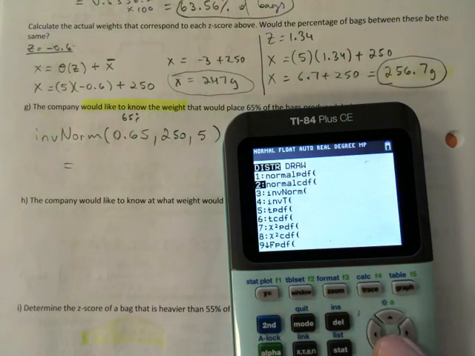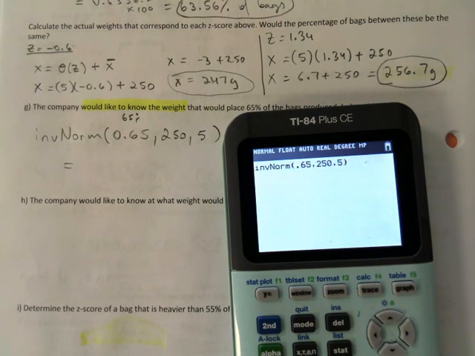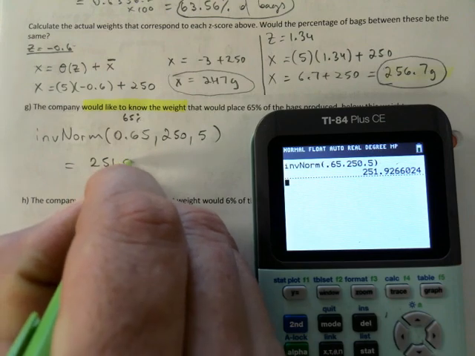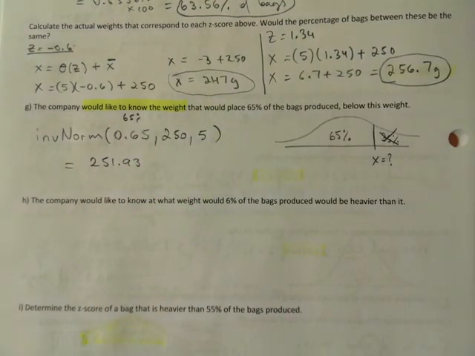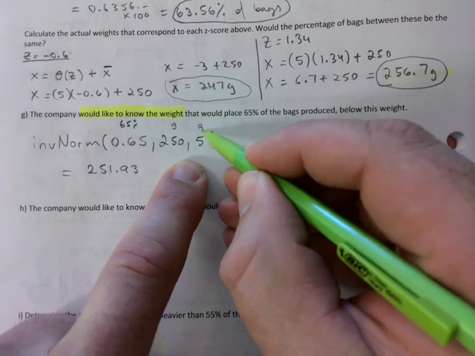So you go second vars, inverse norm, 0.65, 250, and 5. Okay. And you get 251.93. What units will this get? Whatever units you had this in, grams.